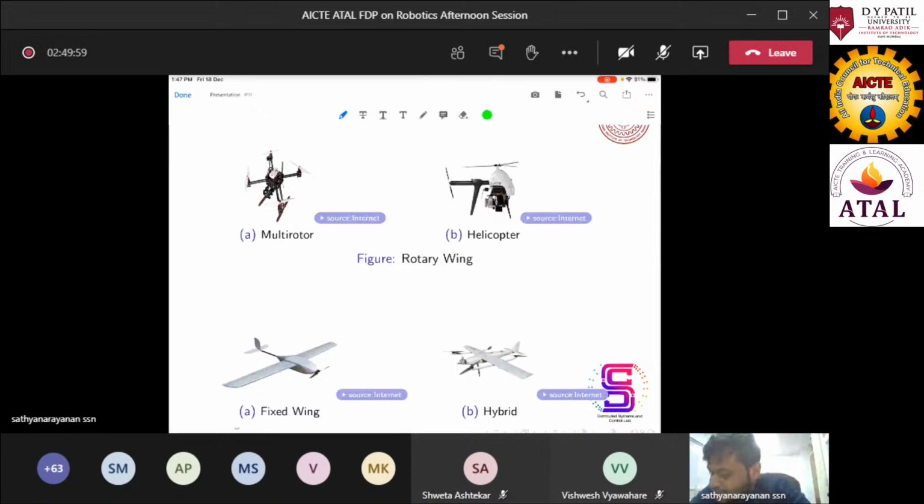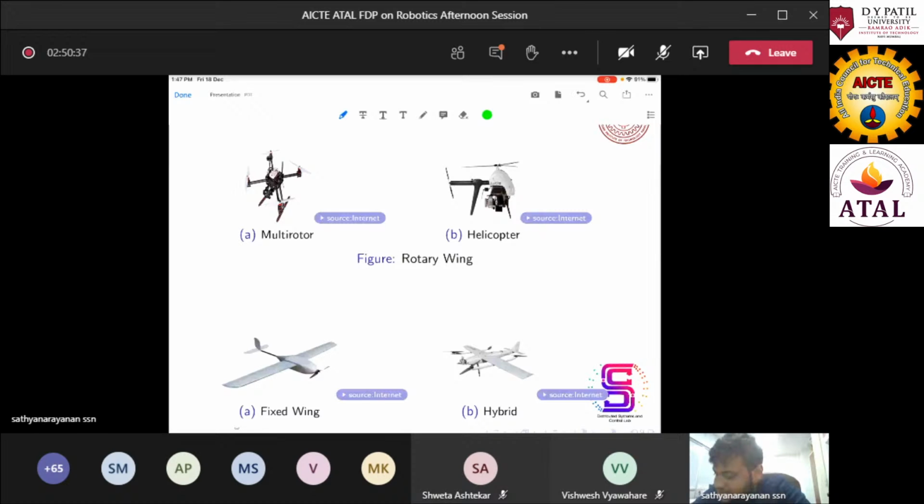Rotary wing can take off and land vertically, and can also hover at a fixed point. But a fixed wing or airplane can't stay at one point, or take off or land vertically. However, one main advantage of fixed wing is that you can travel a very large distance compared to the rotary wing aircraft.